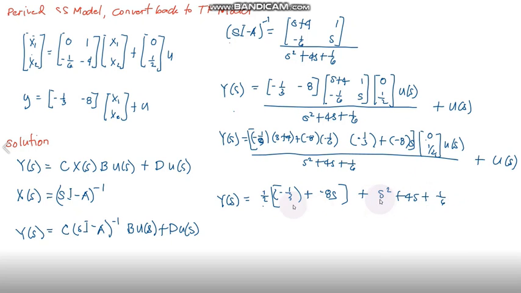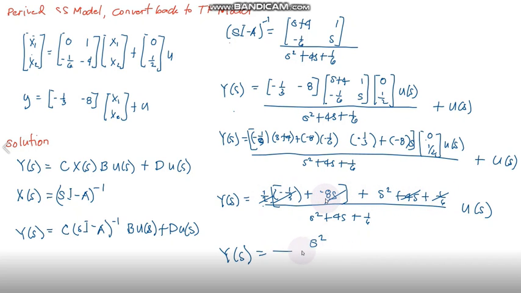I already wrote that directly, combining this term with this term. So the least common denominator is this denominator multiplied by 1, so we have s squared plus 4s plus 1 over 6, adding a fraction and a whole number. So 1/2 times negative 1/3 is negative 1/6, which cancels again. Negative 8 times 1/2 is negative 4, which cancels again.